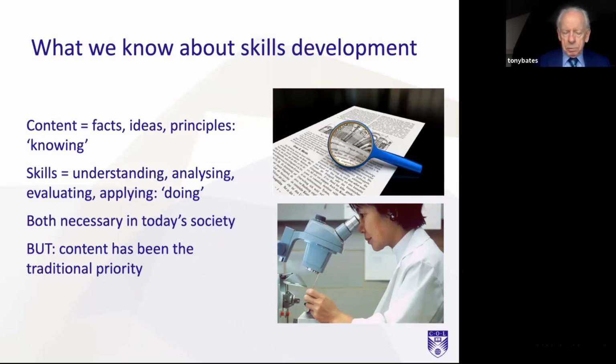Now, you need both. You can't be a skilled critical thinker generally; you have to be a good critical thinker in, say, business or in medicine and so on. So they're both necessary, but in the past, we've given much more emphasis to content. After all, most university professors are content experts. That's where their specialty lies.